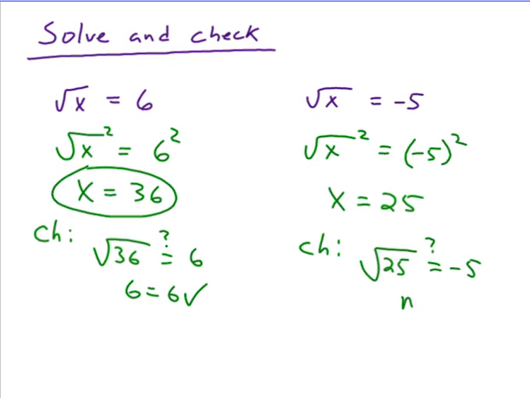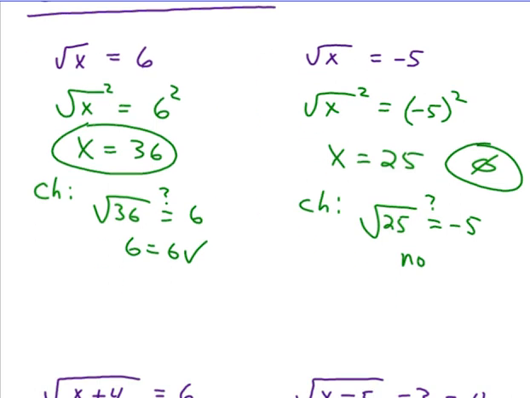And that's no. So my solution here is the null set, or no solution, because the primary square root of 25 is positive 5. That's not negative 5.